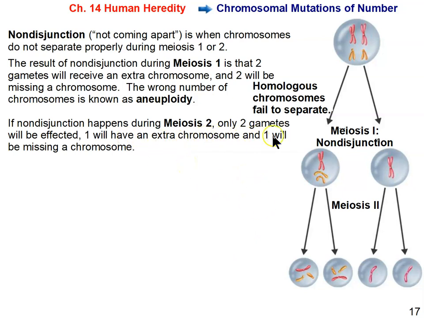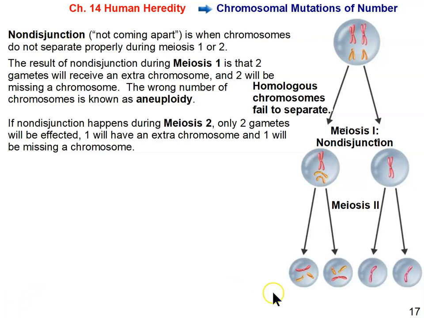One will have an extra chromosome and one will be missing a chromosome, and the other 2 will be normal. So it's less severe when non-disjunction happens during meiosis 2, or at least the likelihood that a gamete that is aneuploid will be involved in a fertilization event and produce a new individual is cut in half anyway.